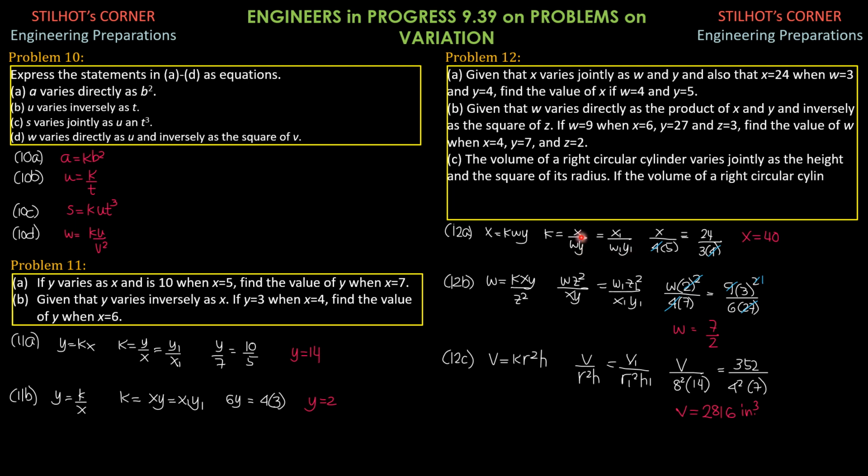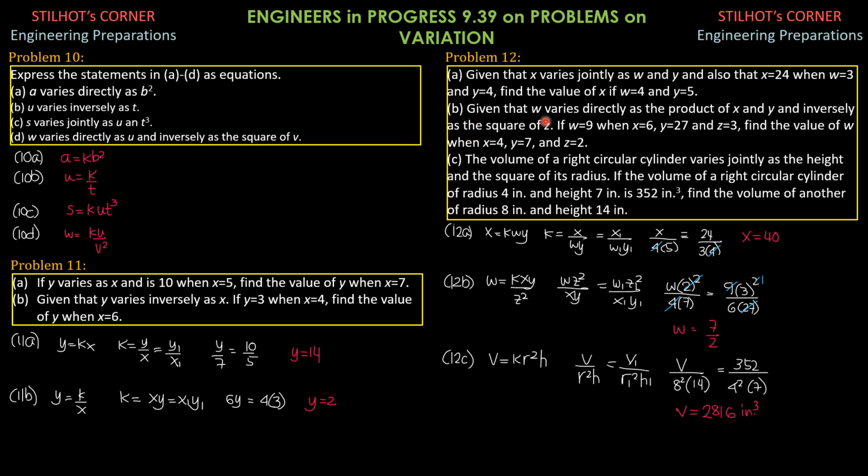So in the last condition, find the value of x if w is 4 and y is 5. So x unknown, w is 4, y is 5. Then in the initial condition, x is 24 when w is 3 and y is 4. Cancel 4. So x is 24 times 5 divided by 3, that would be 40.